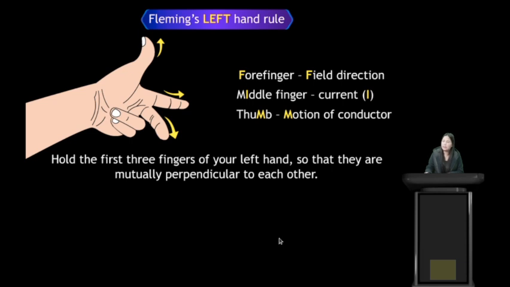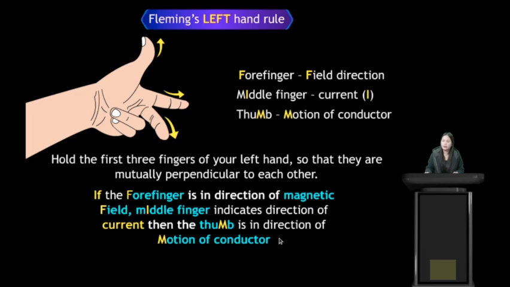Now, what is Fleming's left hand rule? For Fleming's left hand rule, hold the first three fingers of your left hand so that they are mutually perpendicular to each other. As shown here, hold the first three fingers of your left hand so that these three fingers are mutually perpendicular to each other. So the forefinger should be perpendicular to the middle finger, and the thumb should be perpendicular to the middle finger.